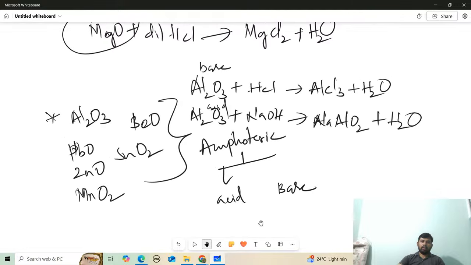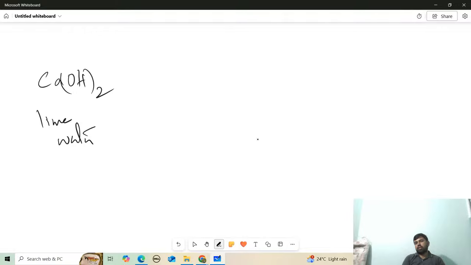Non-metal oxides are acidic in nature. You know very well, we just discussed lime water, which is basic in nature. Plus we are passing CO2 gas. What happens?